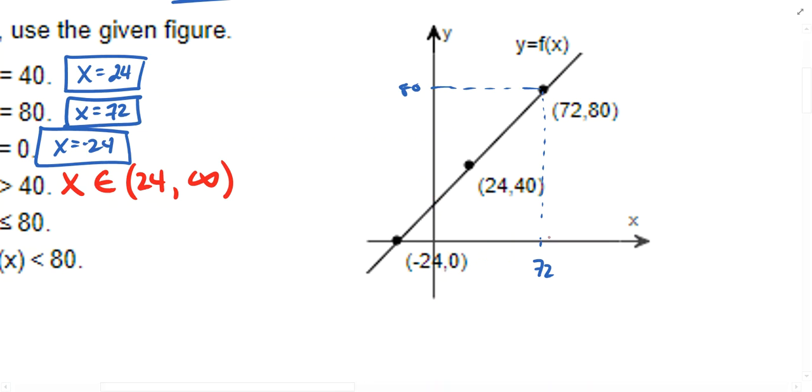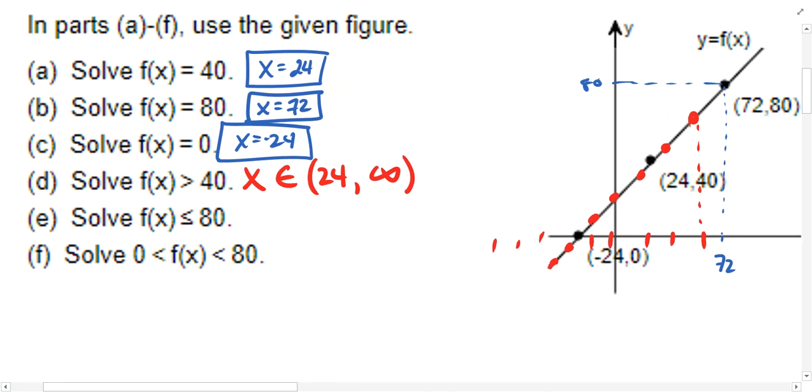If I were to pick any x value to the left of 72, even as we race out this direction, all of the y values associated with it, all y values on the remaining portion of this graph, will be less than or equal to 80.